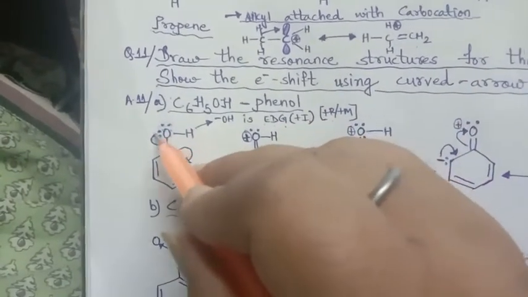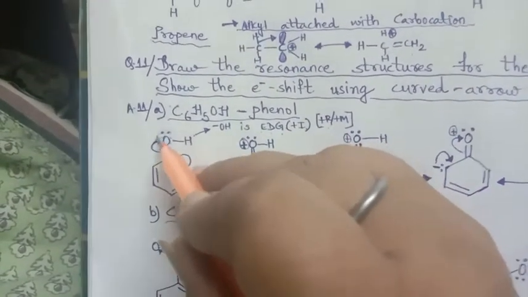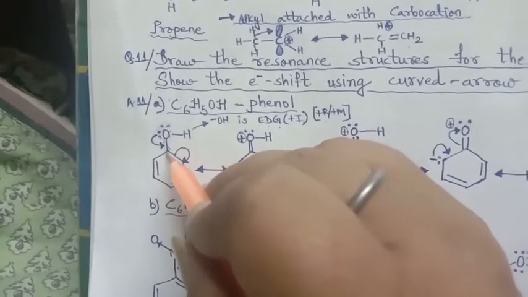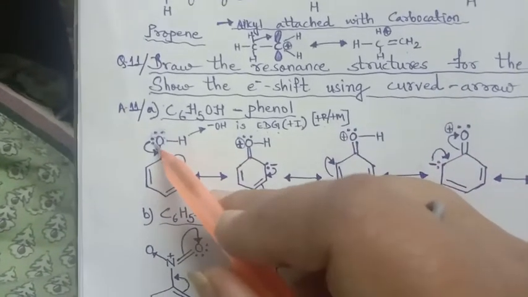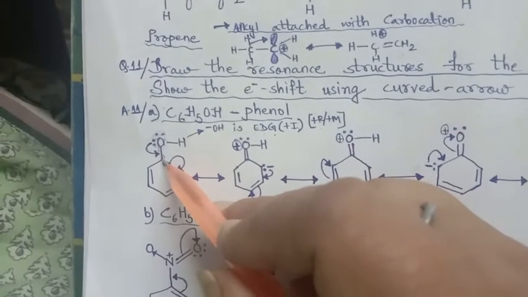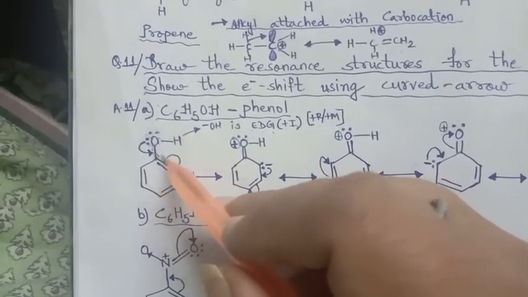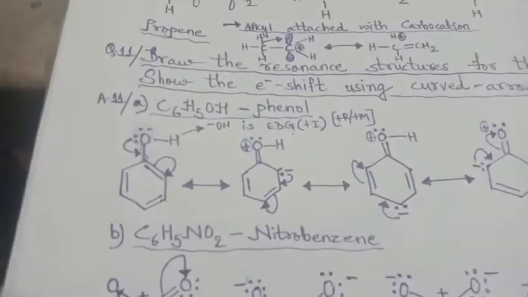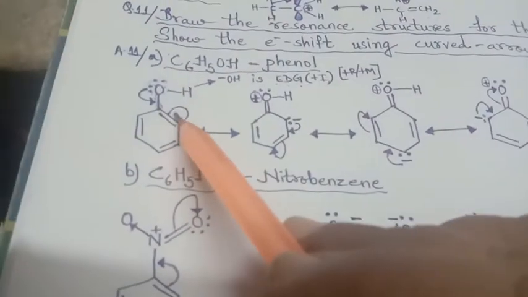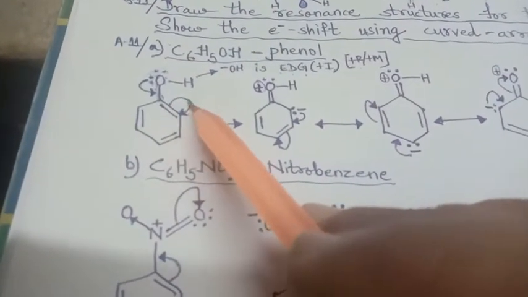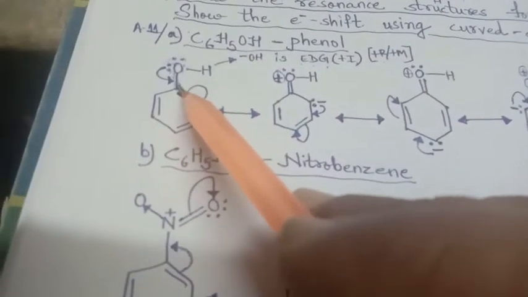So it is a donating group, and it will donate electrons here. So it will take a double bond. At the same time there is a double bond here, so the carbon valency should not be disturbed. If this carbon has 1, 2, 3, 4, 5, how is it possible? So at the same time, simultaneously, what happens? This pi bond will be shifted. Clear?